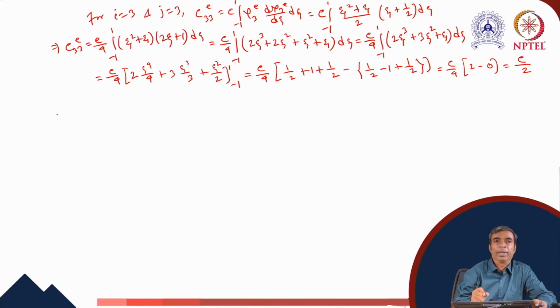So we have calculated all 9 terms of the convection matrix at the element level for the quadratic bar element.